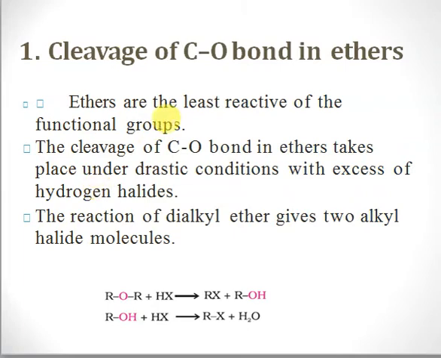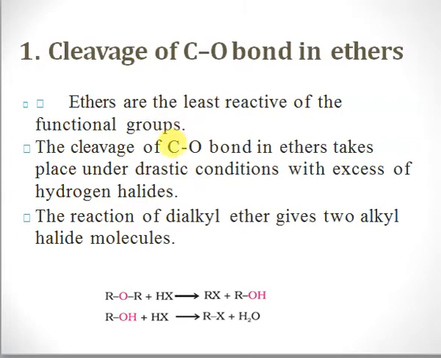For the reactions of ethers, firstly we consider what happens if we break the carbon-oxygen bond, right? Since ethers are least reactive, you need to give very harsh, drastic conditions. If you are using milder conditions, then this bond cannot be broken.